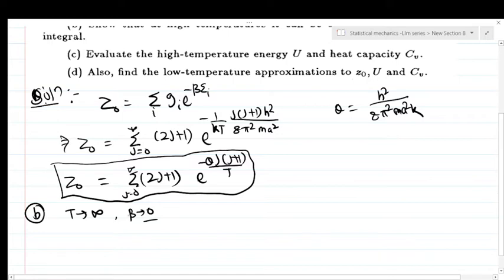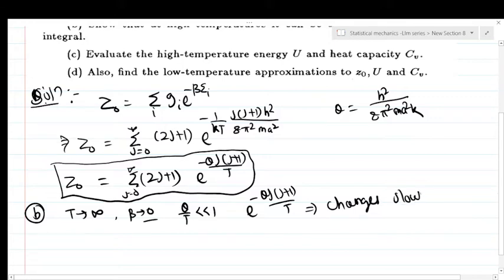When T tends to infinity, theta by T will be much less than 1. Then the exponential term e to the power minus theta j(j+1) by T changes slowly as j changes.